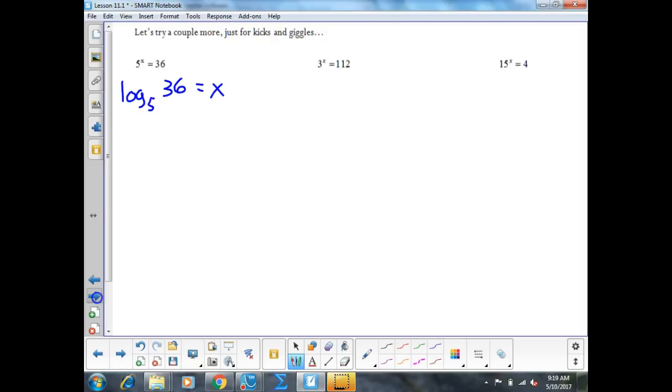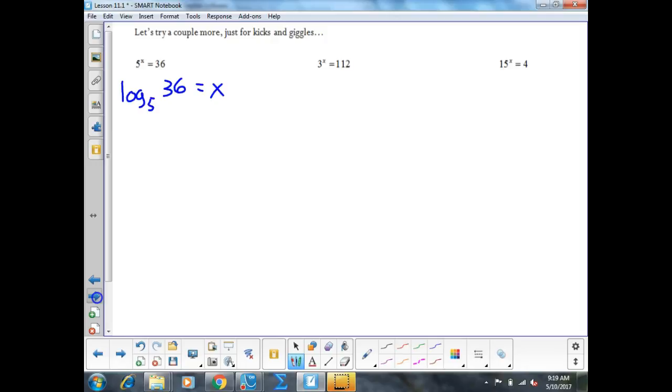Now, using my brain, from yesterday, it should be bigger than something but smaller than something. Should it be smaller than 2 or bigger than 2? It should be bigger than 2 because log base 5 of 25 is 2.